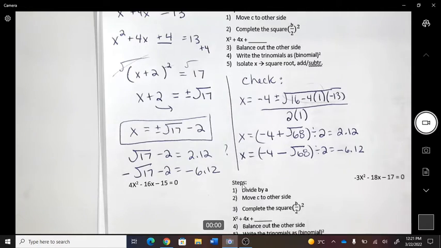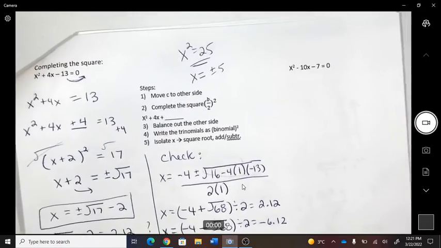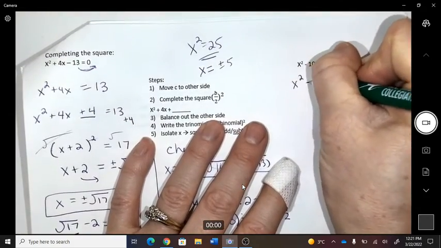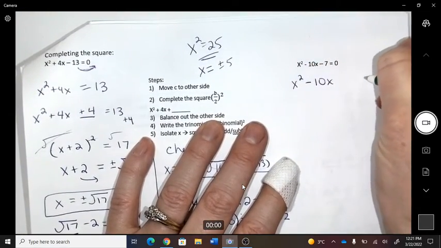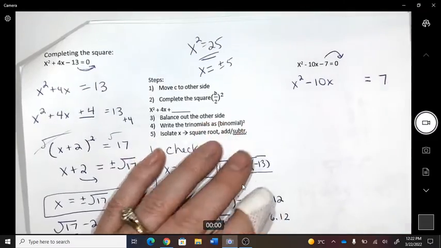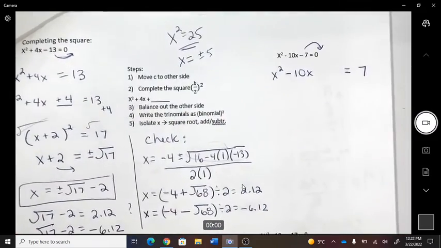Okay, let's do this one. X squared minus 10x, and I'm going to leave some room here, and then I'm going to move the 7. I only did one thing, but I'm setting myself up some space there.